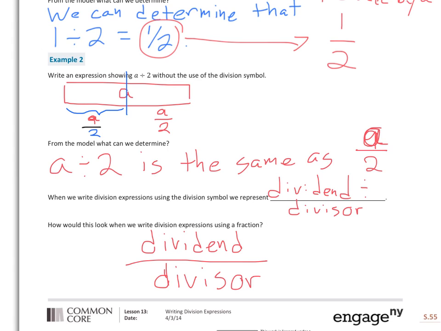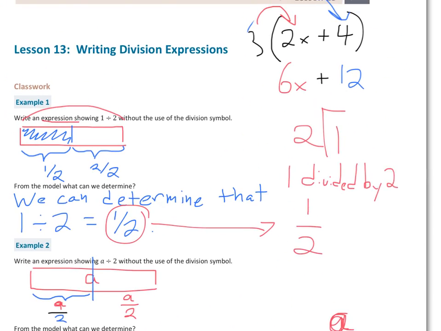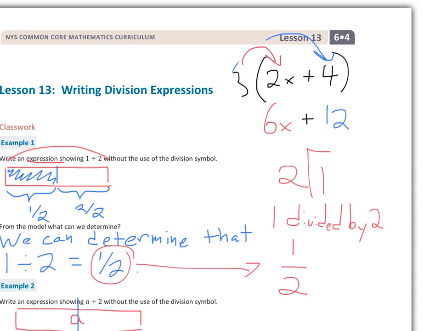Now, I personally like writing division problems a lot more as fractions, because we're all probably very familiar with writing our fractions like this guy right here. Well, the problem with this is, this was for the problem 1 divided by 2, and the numbers are kind of backwards, right?